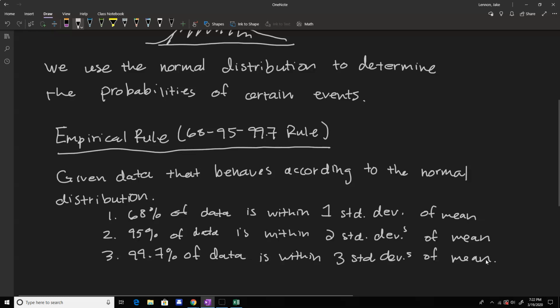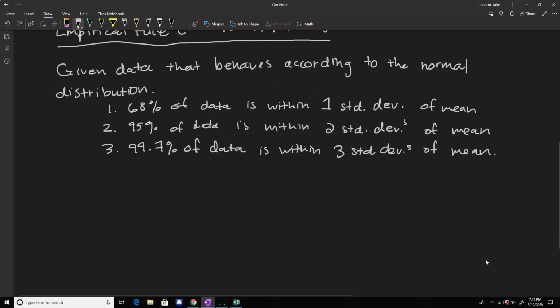So basically we have some type of picture. You kind of have your normal distribution that you can draw like this, and then your mean is just this value that goes right through the center peak. This would be your mean, and then whatever your standard deviation is, you would count by that.